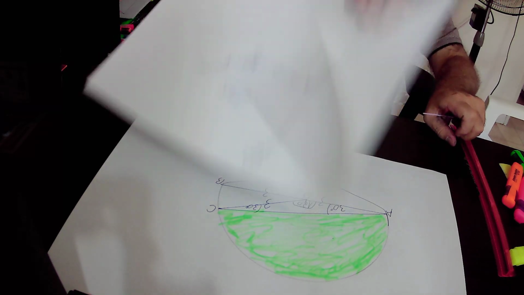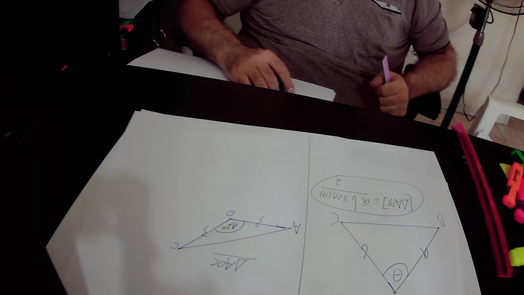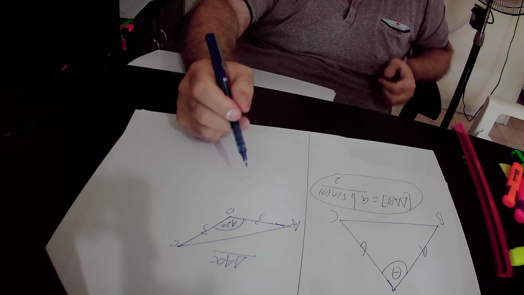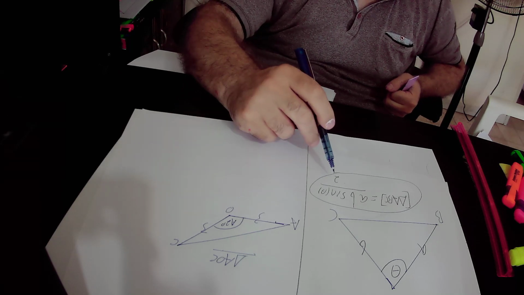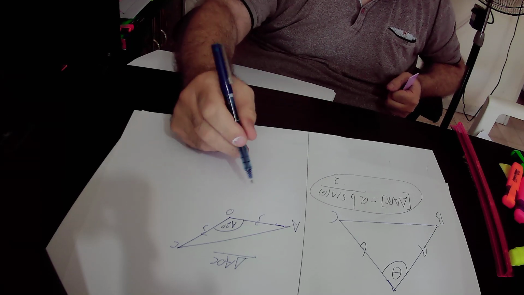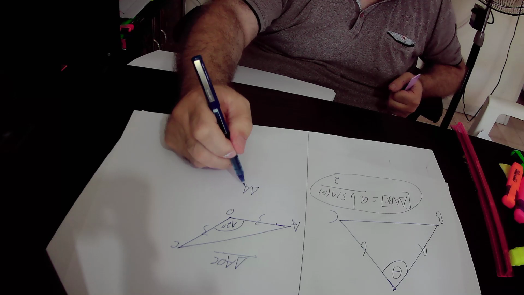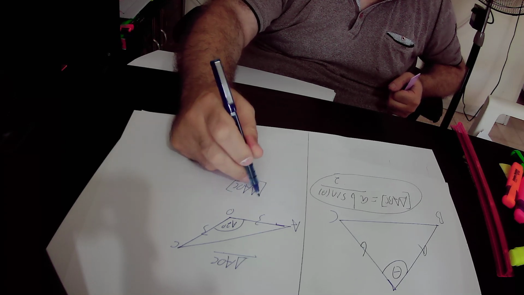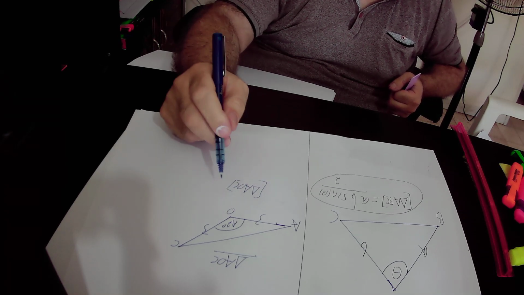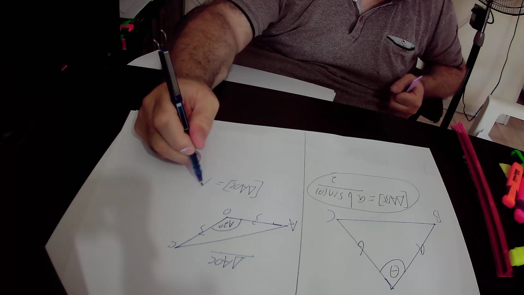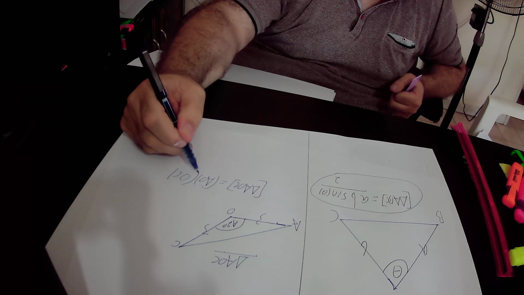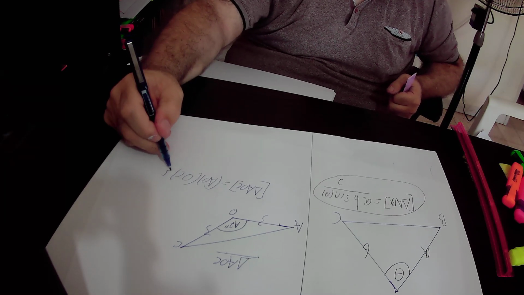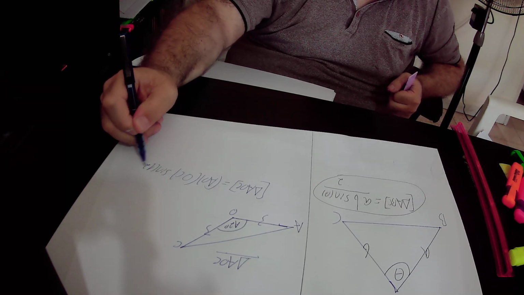So this is actually triangle AOC that I copied from the original drawing. The area of this triangle AOC according to the new formula will be equal to AO times OC times sine 120 degrees over 2.